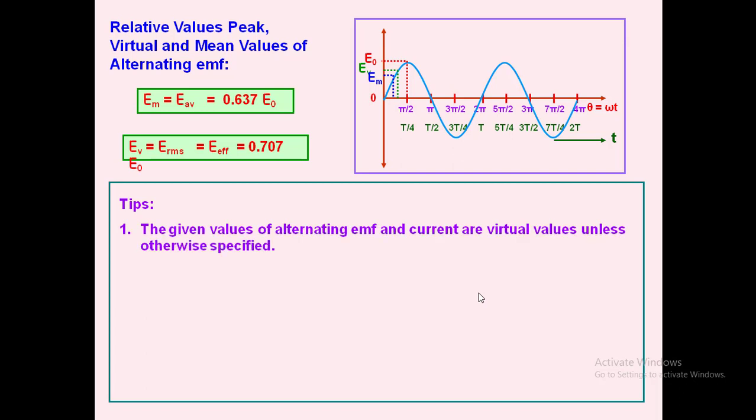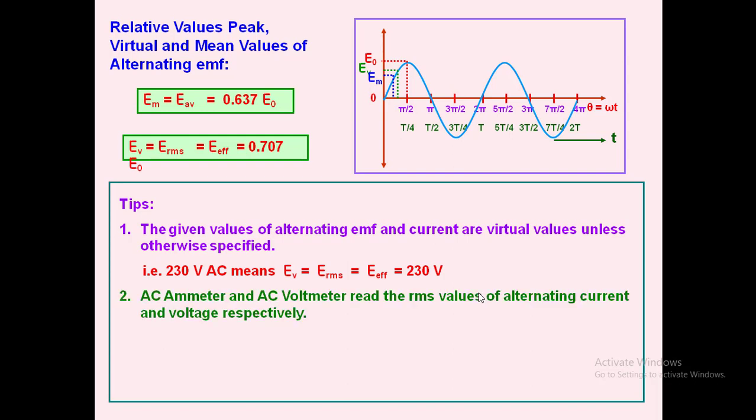Tips. The given values of alternating EMF and current are virtual values unless otherwise specified. That is, 230 volt AC means EV equal to E RMS equal to E effective equal to 230 volt. So whenever they say 230 volt AC, you have to consider the RMS value as 230 volt alone, not E naught by root 2.